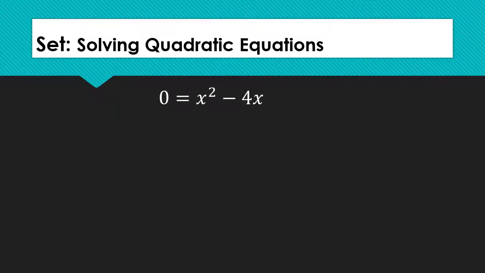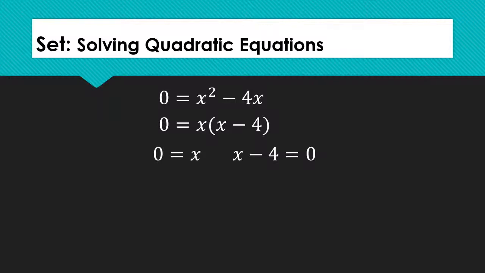In the next example, we're going to start by taking the greatest common factor of each term, which is x, and setting that outside the parentheses as the first factor. What we're left with is x minus 4. So the two factors are x times x minus 4. We're setting each factor equal to 0 again.